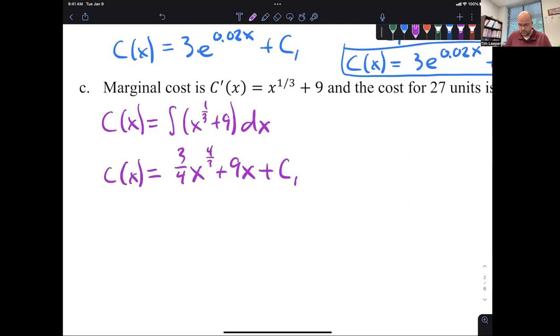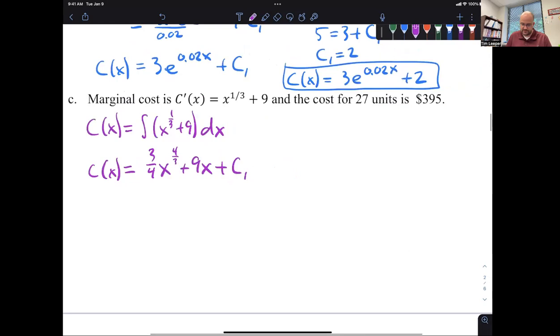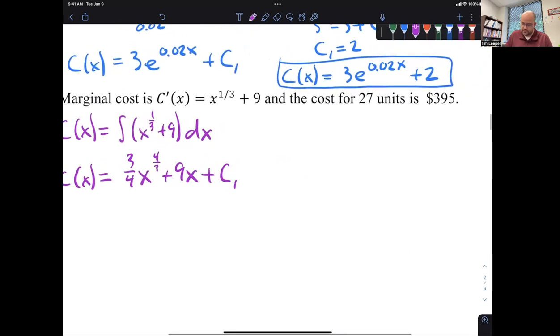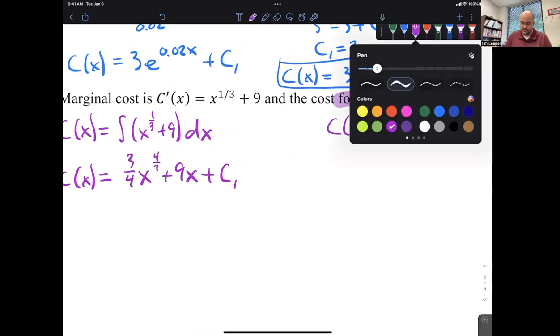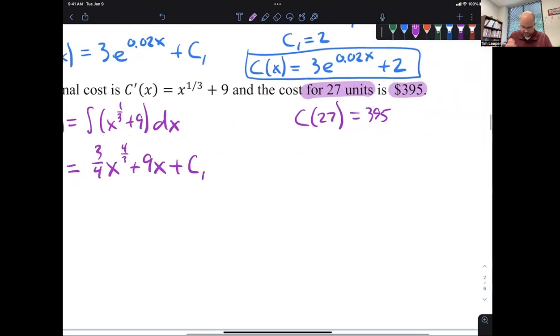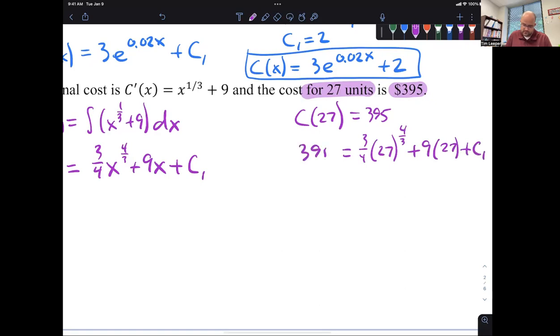Good. And now we need to figure out c1. To do that, we look at the cost for 27 units is $395. What that's telling me is that c of 27 has to be 395. So if that's the case, plugging in 27 into this, that means that 3/4 times 27 to the 4/3 power plus 9 times 27 plus c1 has to be 395.